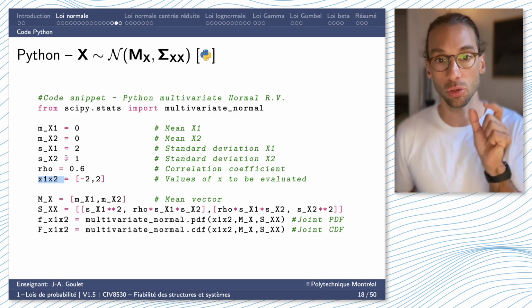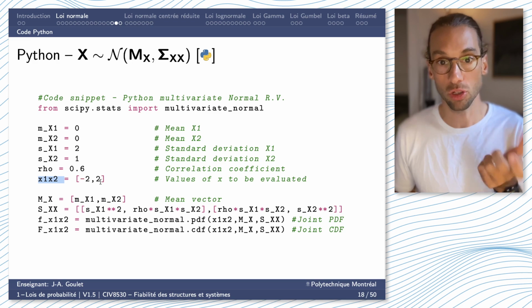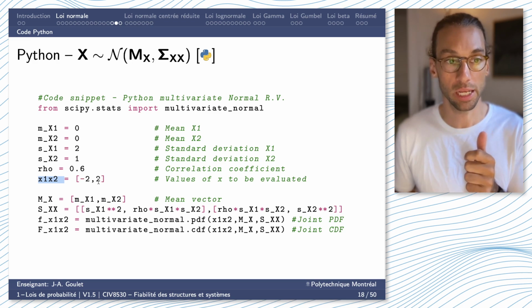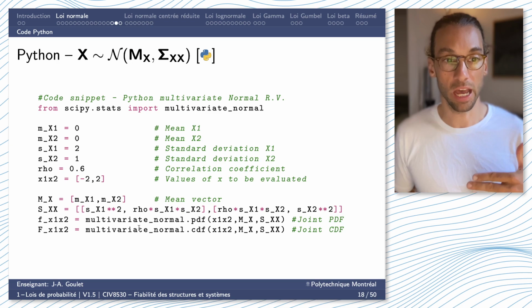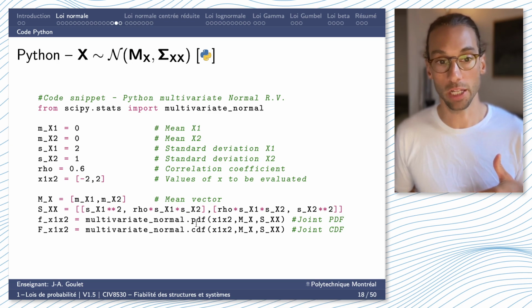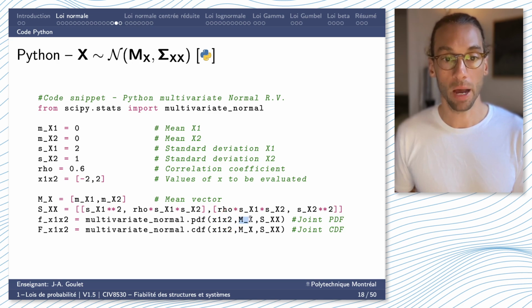Since I have a 2-dimensional case, it's going to be a two-dimensional vector. So this is x1, this is x2. So I define my mean vector, I define my covariance matrix as a 2x2 matrix. And now I can evaluate either my joint PDF or CDF, multivariate_normal.pdf or .cdf, with the tuple I want to evaluate it at, my mean vector and my covariance matrix.